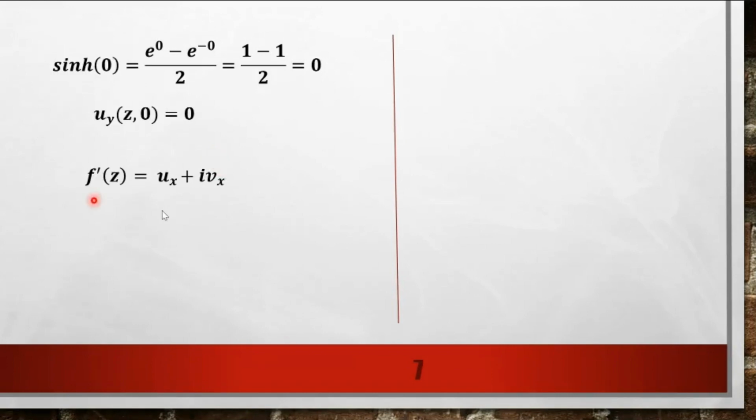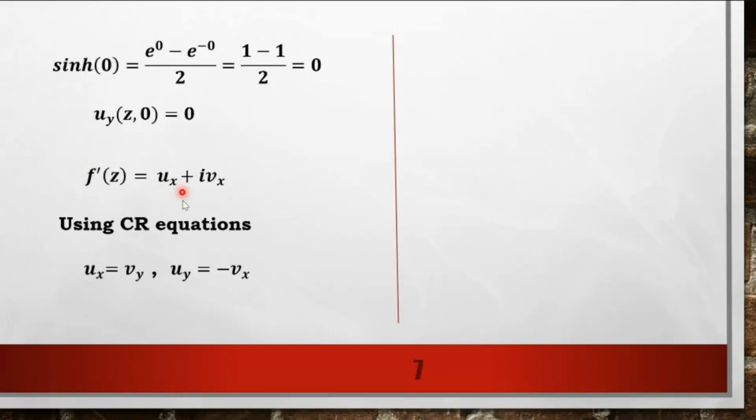Substituting in f dash of z. F dash of z we know by the formula it is ux plus ivx, but using the CR equation I can replace vx by minus uy, so that f dash of z will become ux minus iuy.